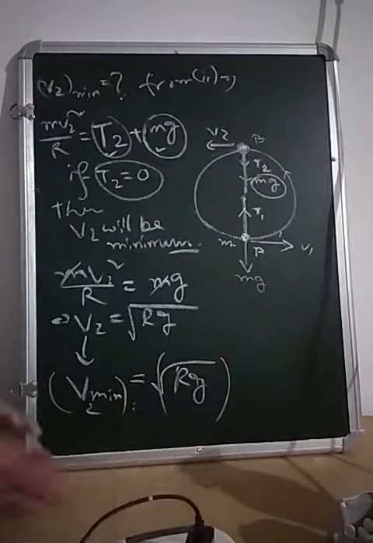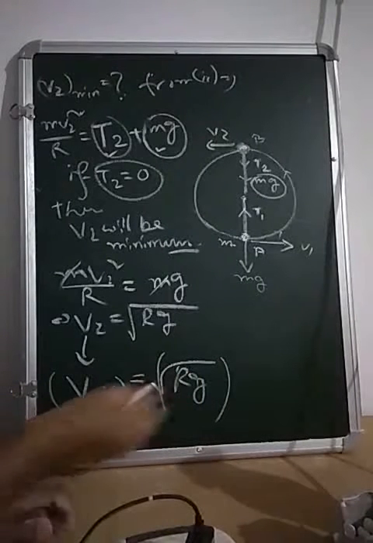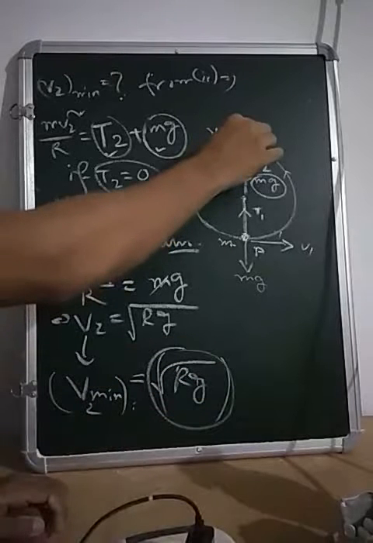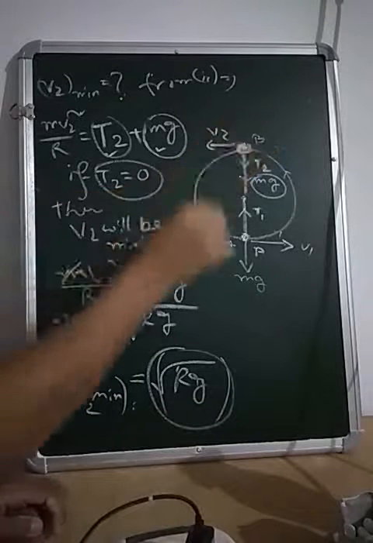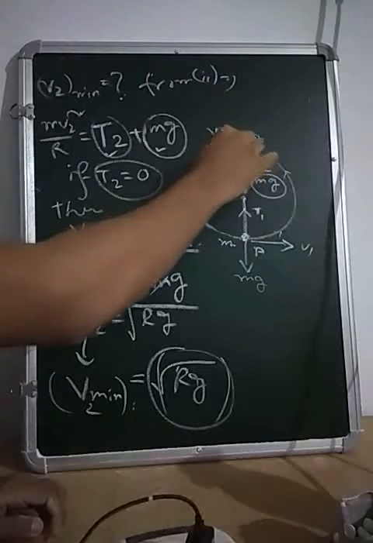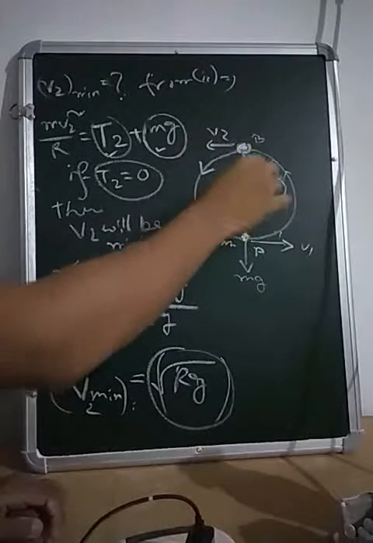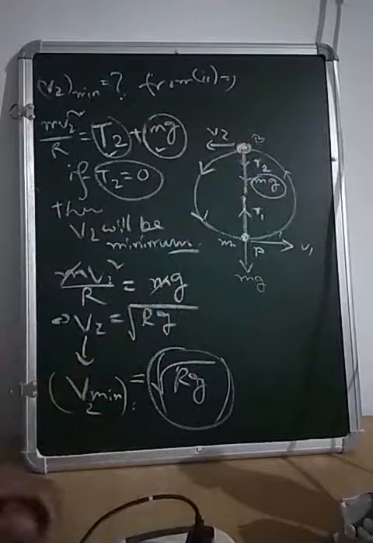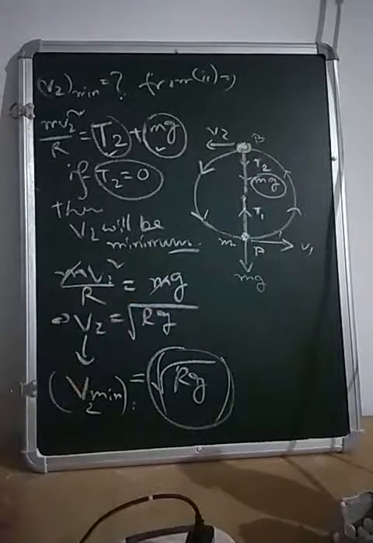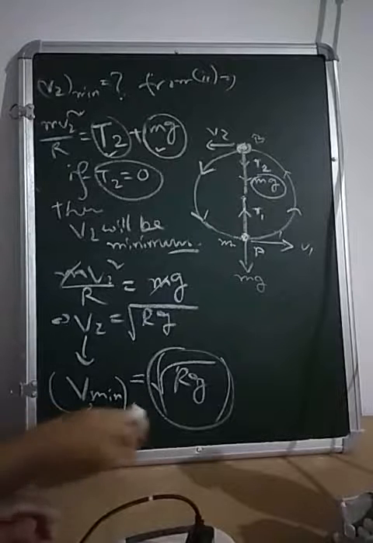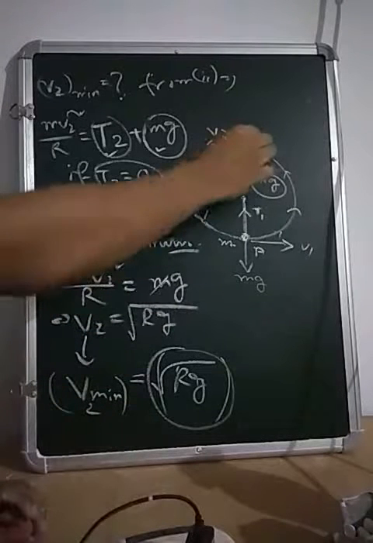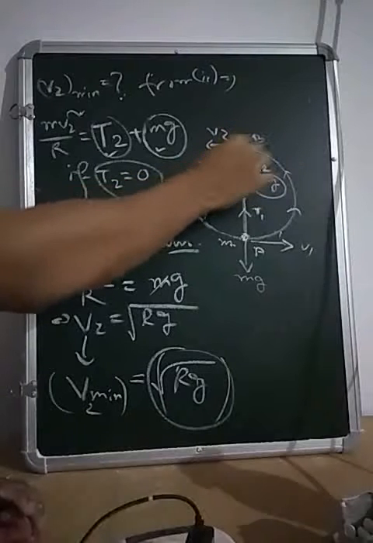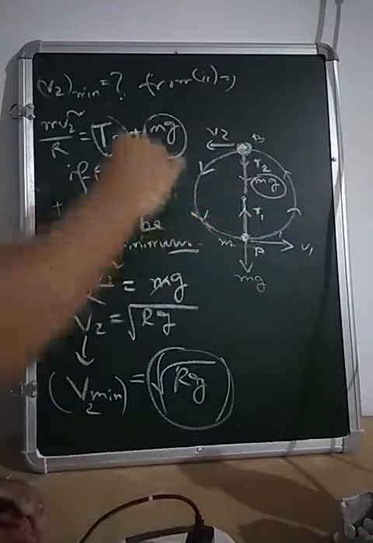This is the minimum velocity that has to be given at position B to make the body rotate in a vertical circular track, such that our body can move in a vertical circle.